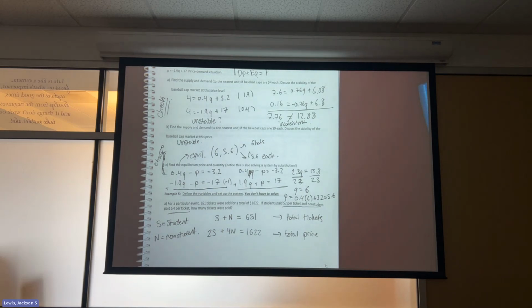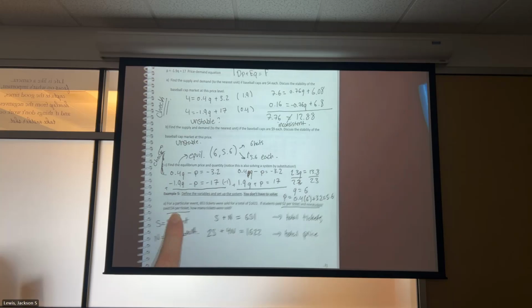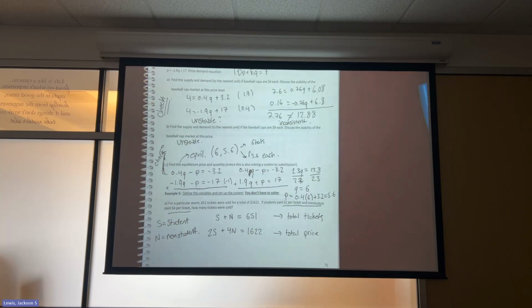The only way is for me to have both student and non-student, and there's no multiples of each of them. It's just all the student tickets I sold and all the non-student tickets I sold. Then 2 times S comes from the fact that student tickets are $2 each. 4 times N, non-students, $4 each. So this gives the price. This is the dollars for student tickets, dollars for non-student tickets, total dollars. And again, I can just solve this.